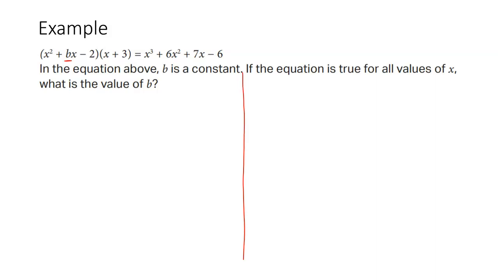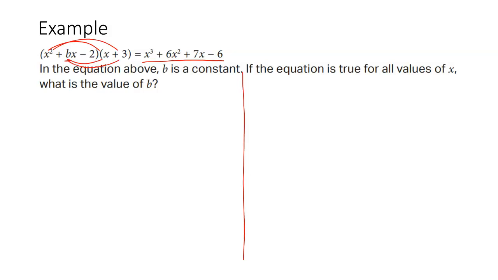So if I multiply these two factors together, I should get this cubic expression. What do I do when I have one polynomial multiplied by another polynomial? Distribute, right? If I start distributing everything, I should end up back here.